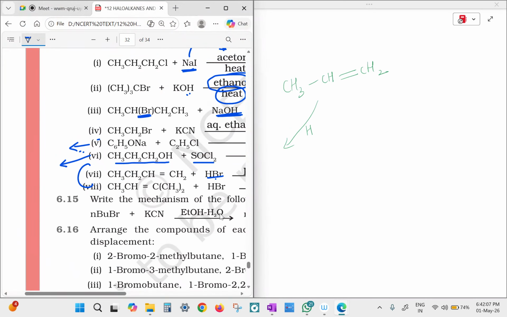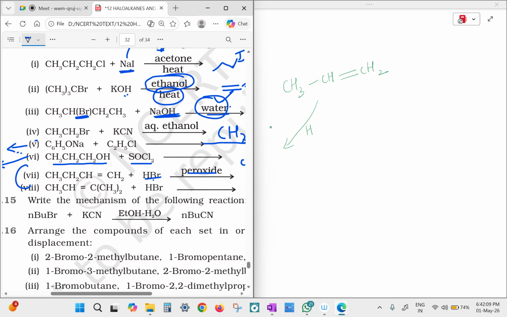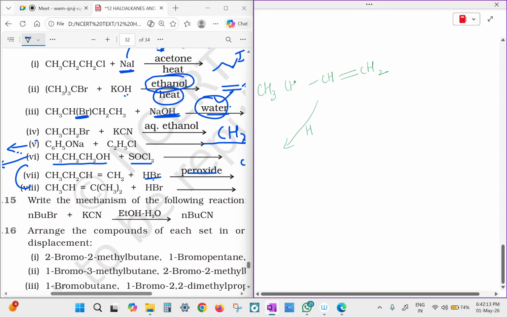So the case was CH3CH=CH2. If you add simply HBr, the positive part of the addendum goes to that carbon which has more hydrogens. The negative part goes to that carbon which has less hydrogens. So you'll be getting CH3CHBrCH3.